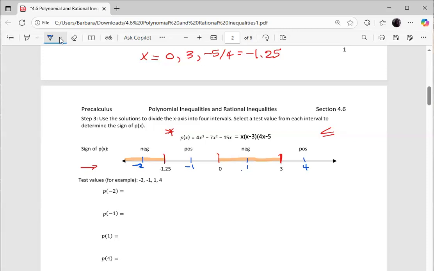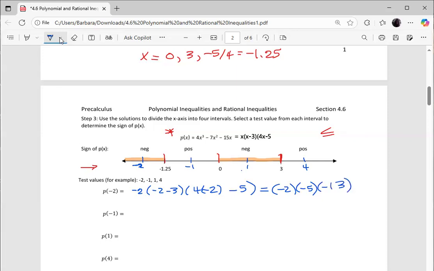So P of -2 is, now I like the factored form, I think it's a little easier, so I'll put the -2 times -2 minus 3 times 4 times -2 minus 5, which is equal to -2 times -5 times -13.